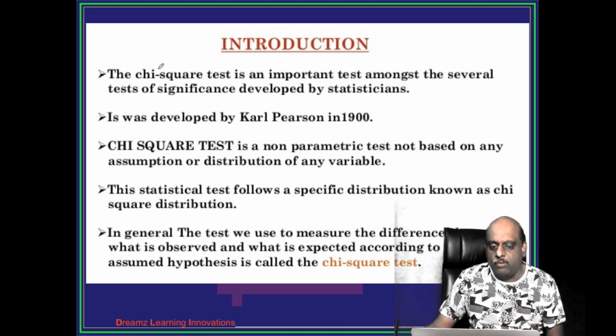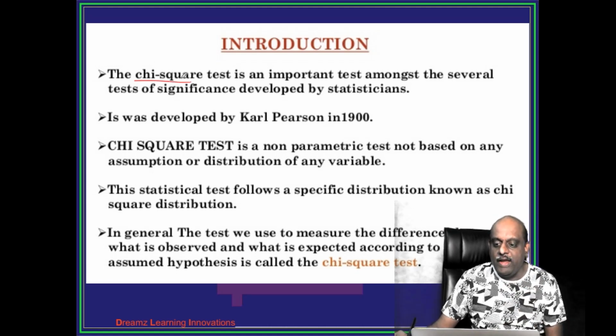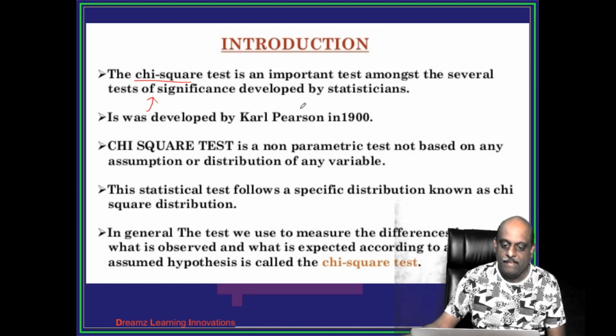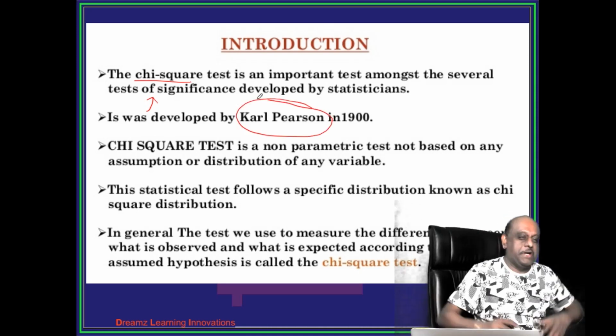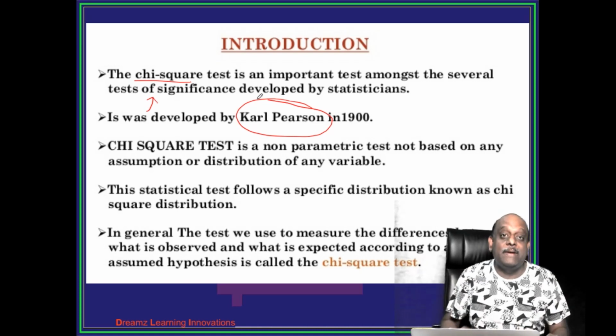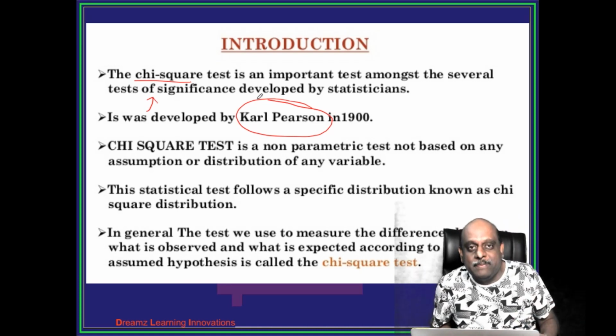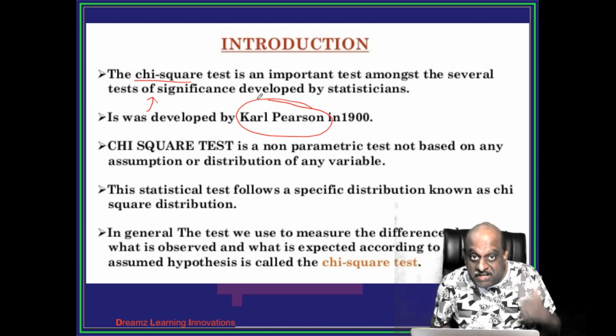Now, 3-4 words about chi-square. Chi-square test is an important test of significance. Who developed it? Karl Pearson. You studied a lot about chi-square test. Ultimately, examiner will ask you, कौन बनेगा करोड़पति के जैसे, कौन बनेगा PG पति क्वेश्चन? Who discovered chi-square?